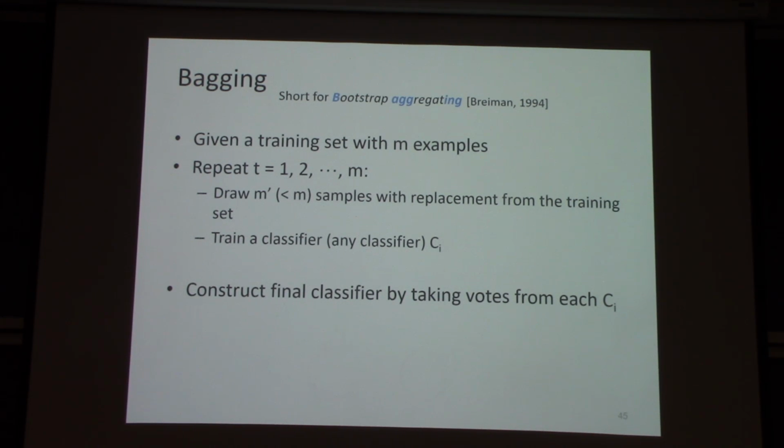Each one of these classifiers that have been learned, Ci, gets a vote on whether the new example is positive or negative. If the majority says positive, the label is positive, otherwise it's negative. Does that make sense? It's a fairly simple algorithm to implement. You can implement bagging as a higher order function that takes a learning algorithm and a data set as an input and produces this collection of classifiers that vote for the final result.